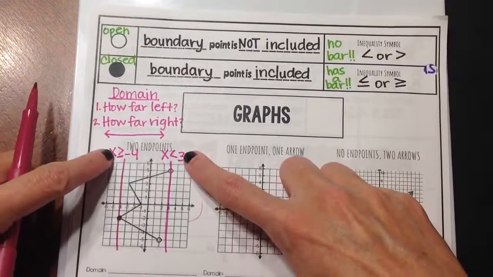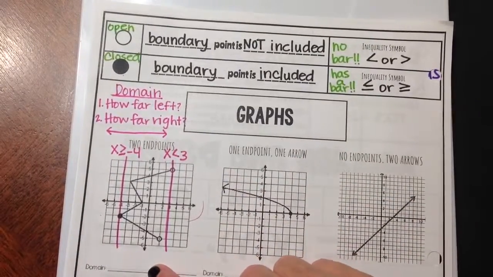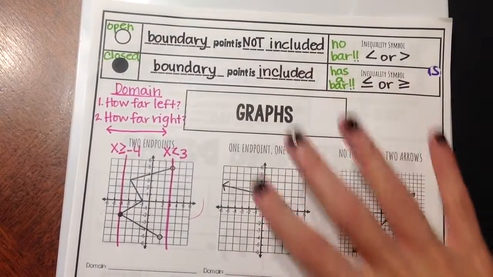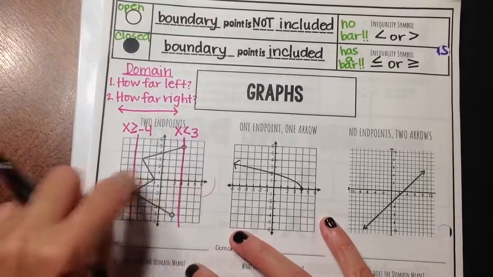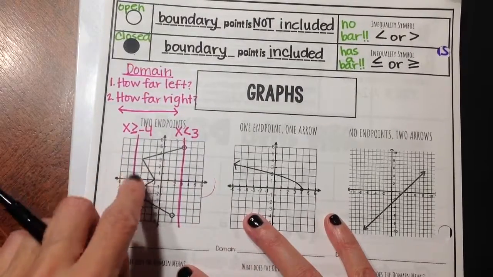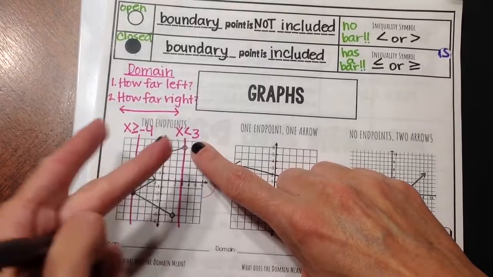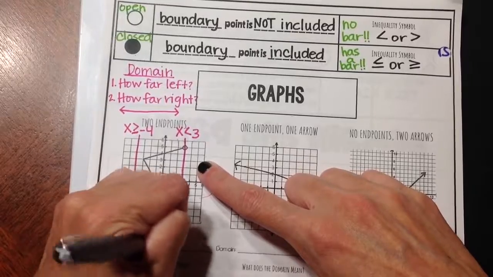And now I'm going to write both of these inequalities and combine them into one final answer for domain. So here is how you write your answer for domain when you have two inequalities because you have two boundary lines. You're going to take the smaller number, -4, and switch the order. So I'm going to swap -4 and x.